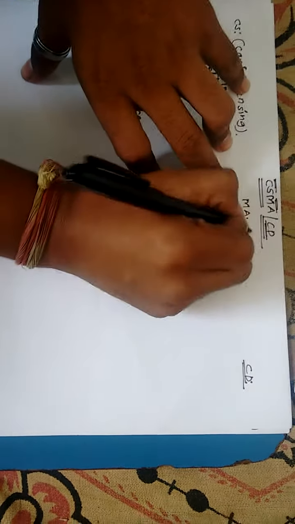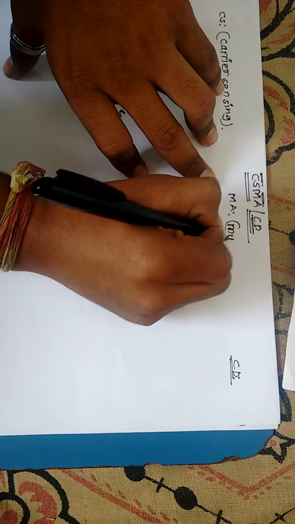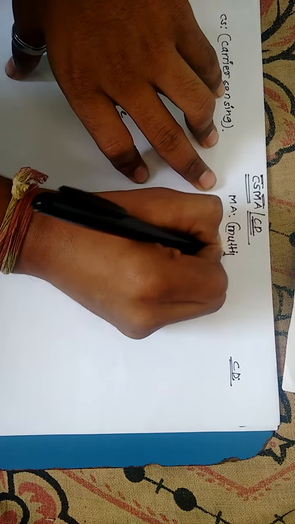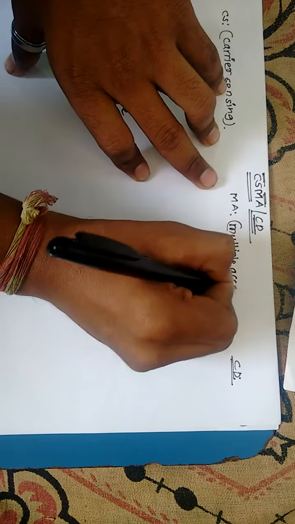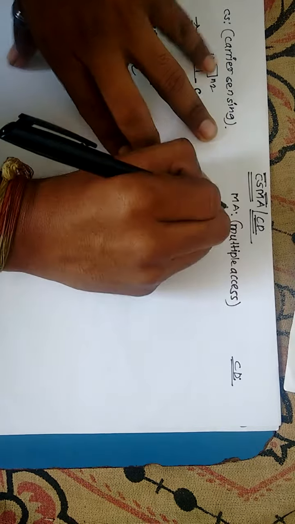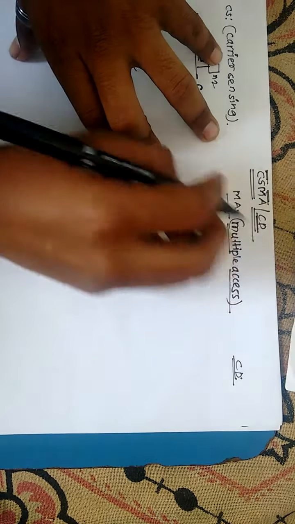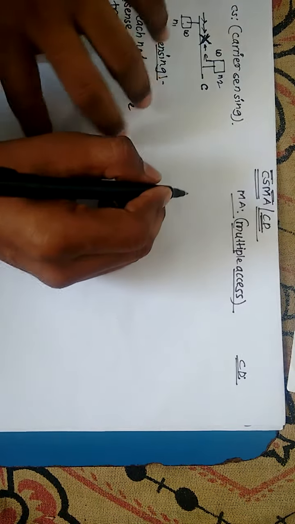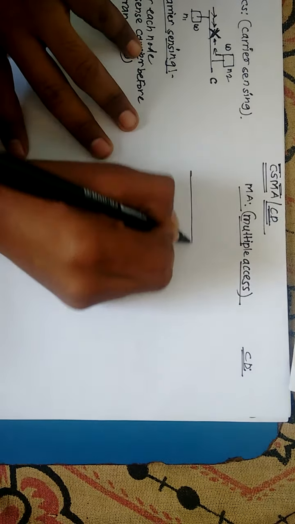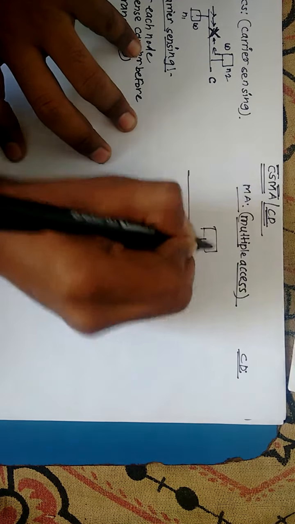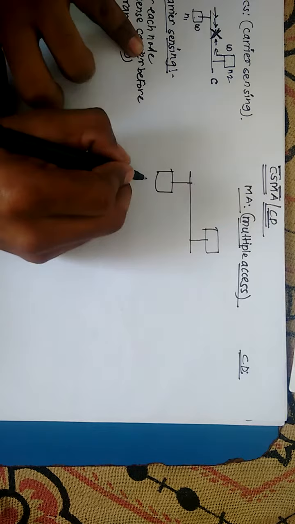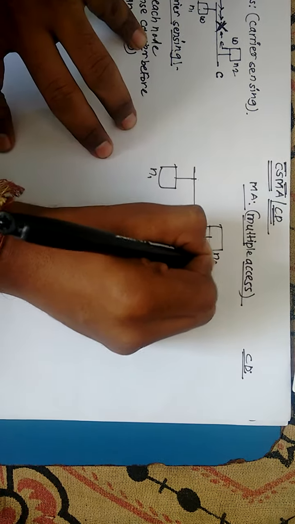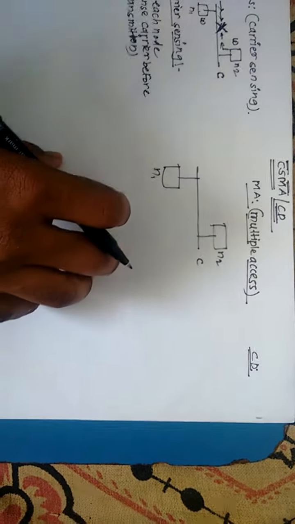Now let's see MA, multiple access. Let's draw another diagram. This is node N1, this is node N2, and this is a carrier.